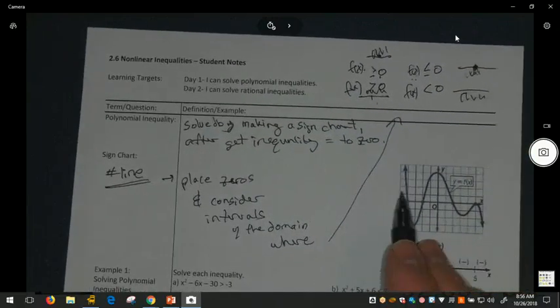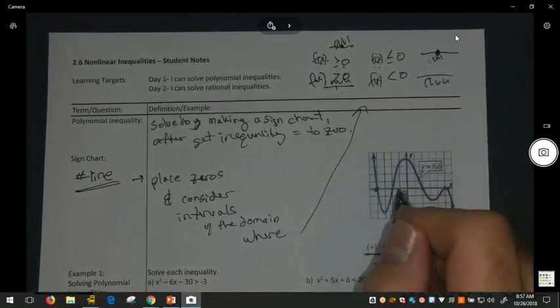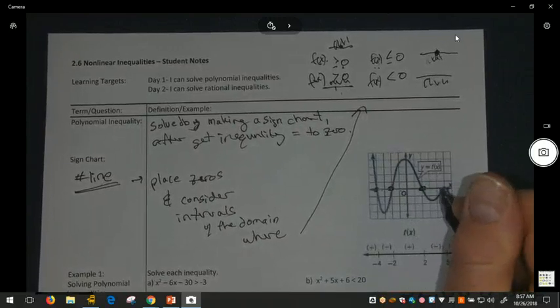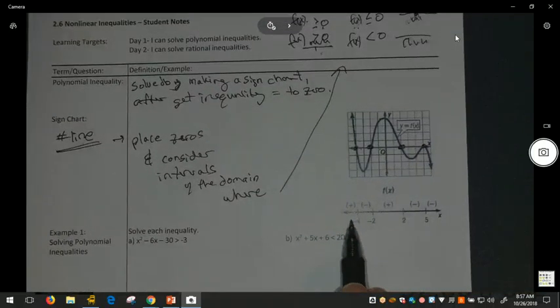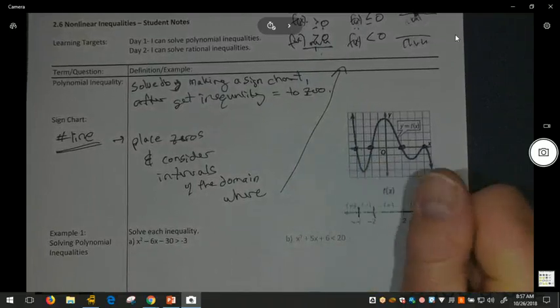Looking at this graph right here, I have a 0 at -4, and a 0 at -2, and a 0 at 2, and a 0 at 5. So a number line was made for where those zeros were.